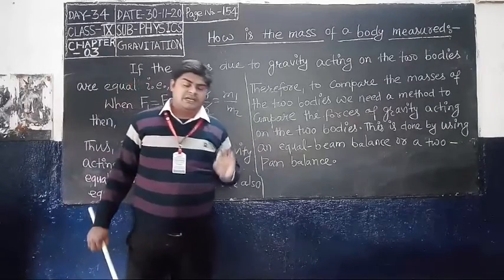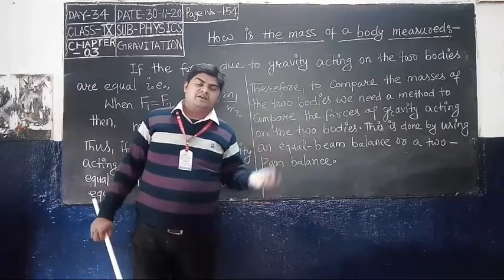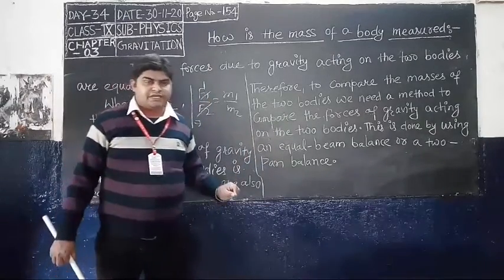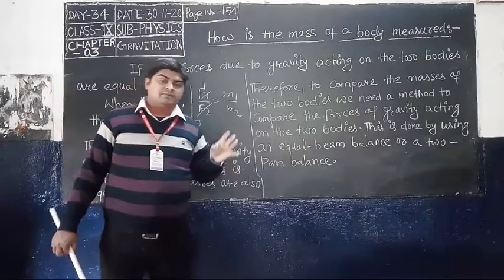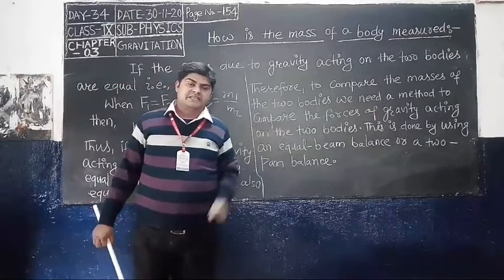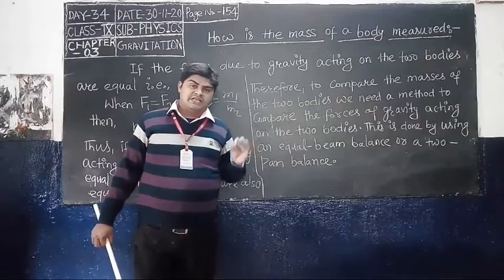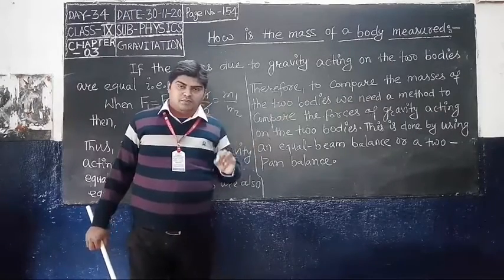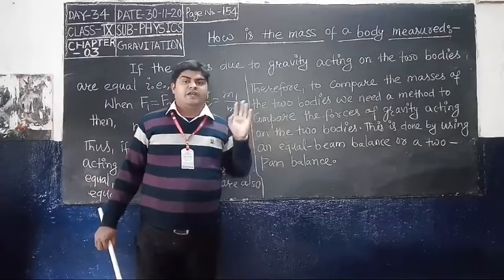In practical life, saying that the weight of this object is 2 kg, which is equal to the 2 kg of another object, is absolutely wrong. A pan balance is used to measure the mass of any object. In practical life we will say that the masses of both objects are equal, 2 kg, 3 kg, not that the weights are equal.